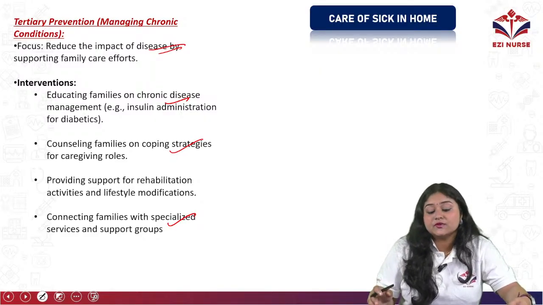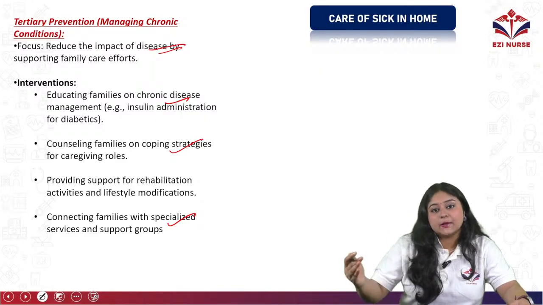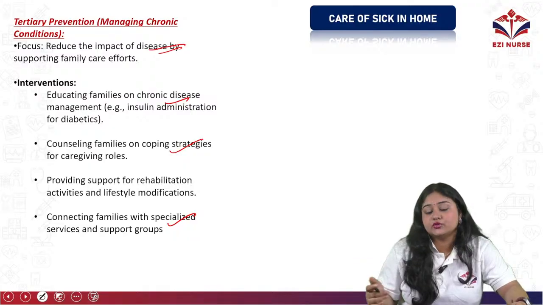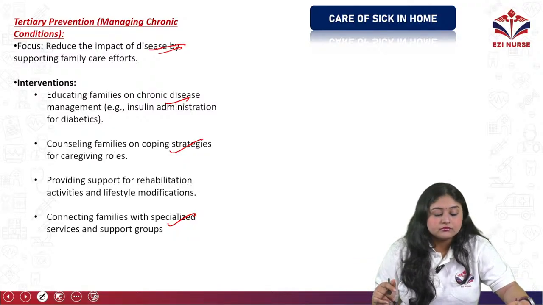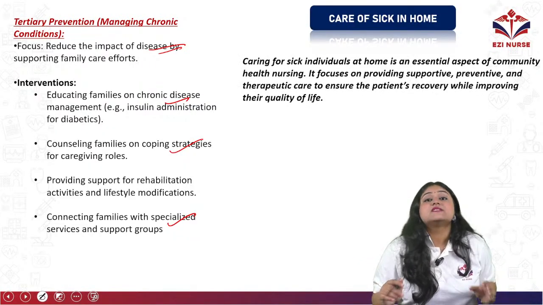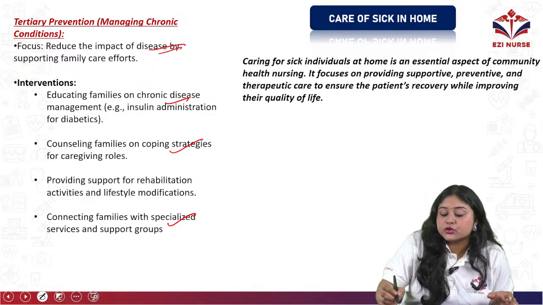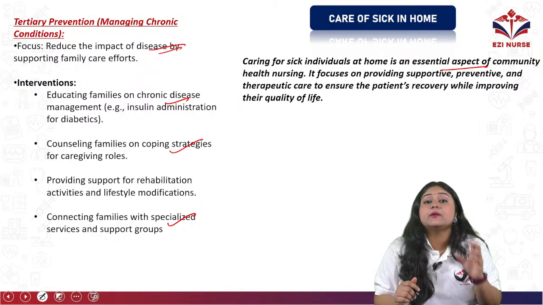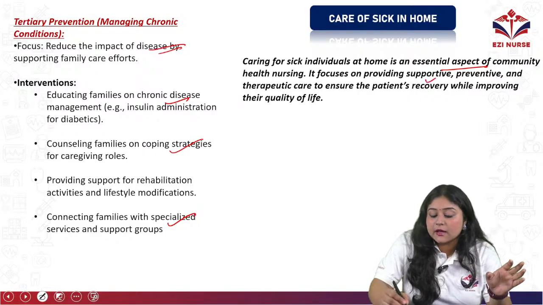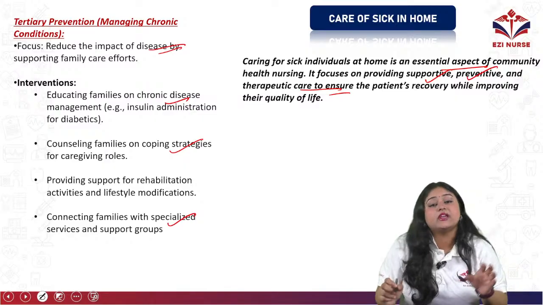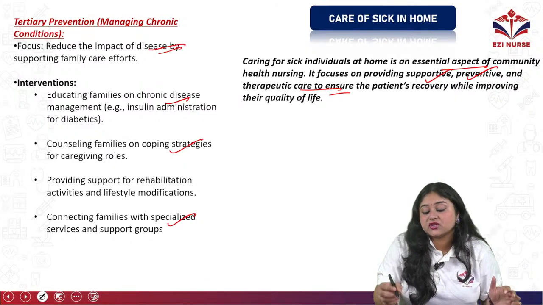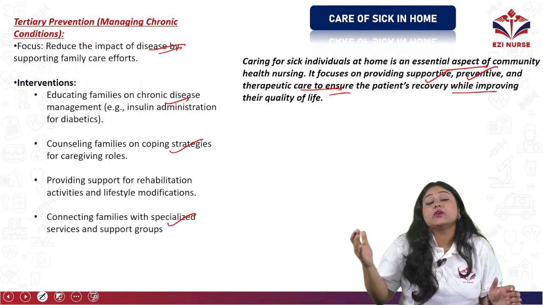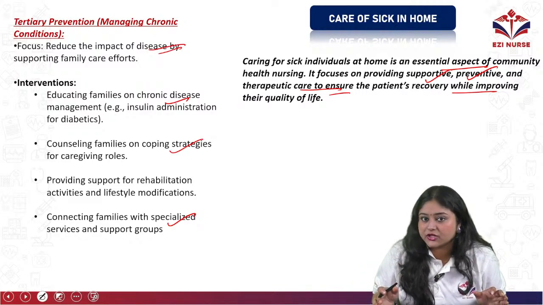Next, come to the care of the sick in the home. For the sick person in the home, how are we going to provide the care? Caring for the sick individual at home is a very essential aspect for community health nurses, who mainly focus on providing supportive, preventive and therapeutic care, which ensures the patient's recovery while improving the quality of life of that particular patient.